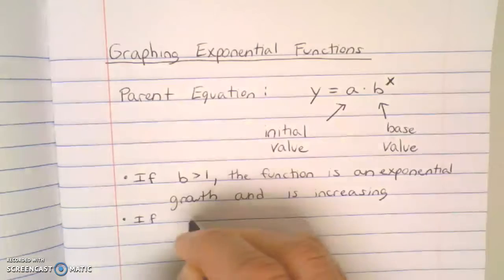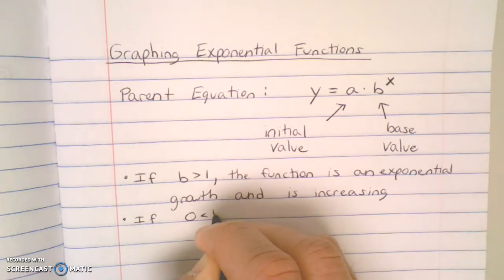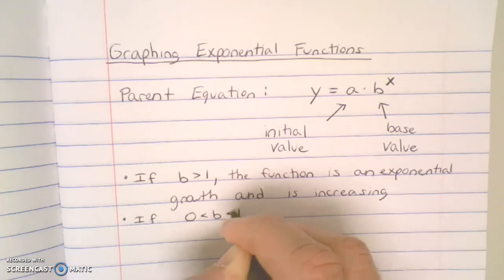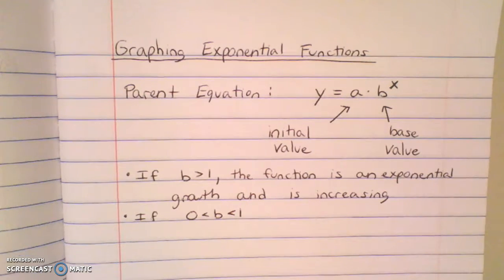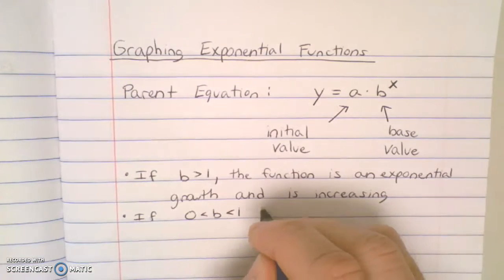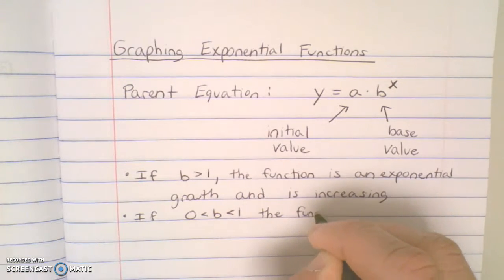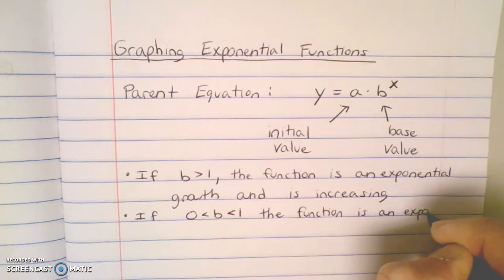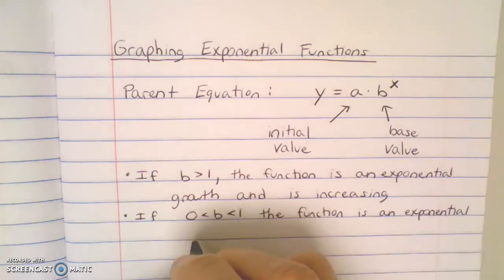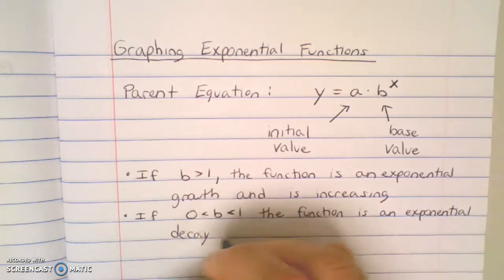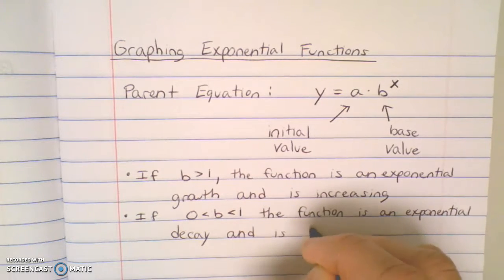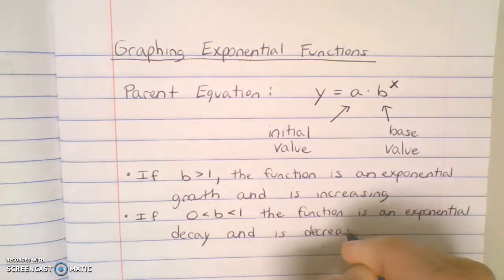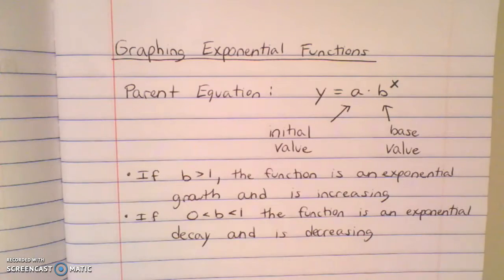If your b value is in between 0 and 1, so a number that's less than 1 but bigger than 0, the function is an exponential decay and is decreasing. So you'll see two types of exponential graphs. You'll see increasing and you'll see decreasing.